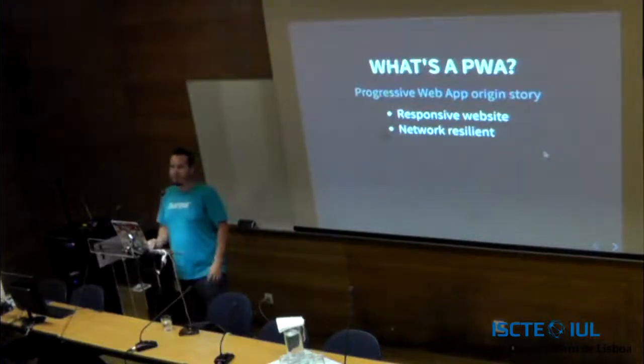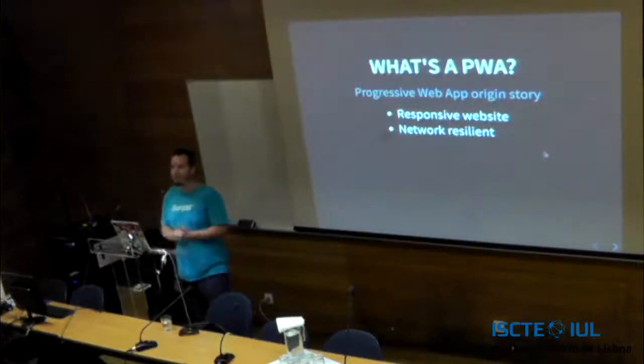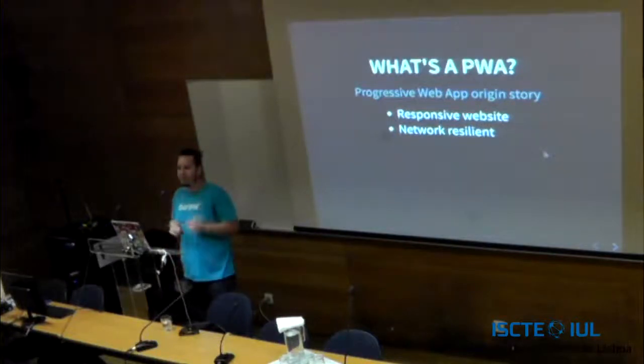The second thing that a website needs to feel like an app is resilience to the network. Alex Russell, this guy that I mentioned before, did most of his coding days at Google on the Gmail team. And if anyone's used Gmail when there's a flaky network connection, it actually behaves quite well.